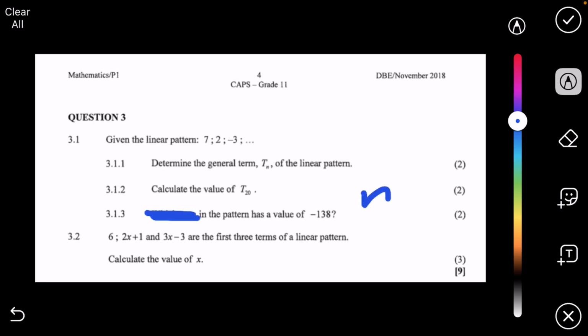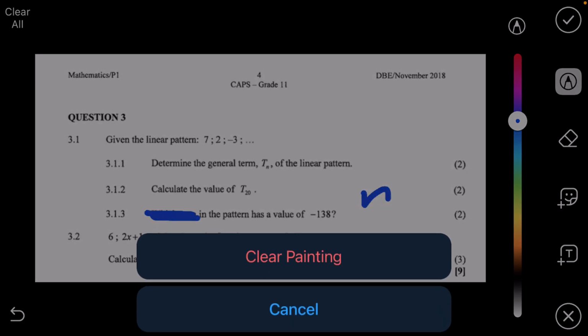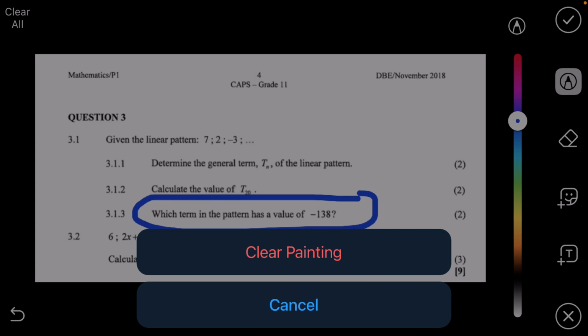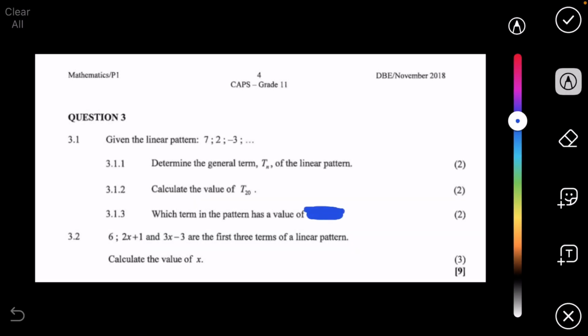In this case, it seems like the whole of this itself is the cream of the question, because whichever part you remove, most of the remaining words will still make sense. But this is the most important part of the question: which term in the pattern has a value of, you see? If you don't know which value they are talking about, you won't be able to answer that question.